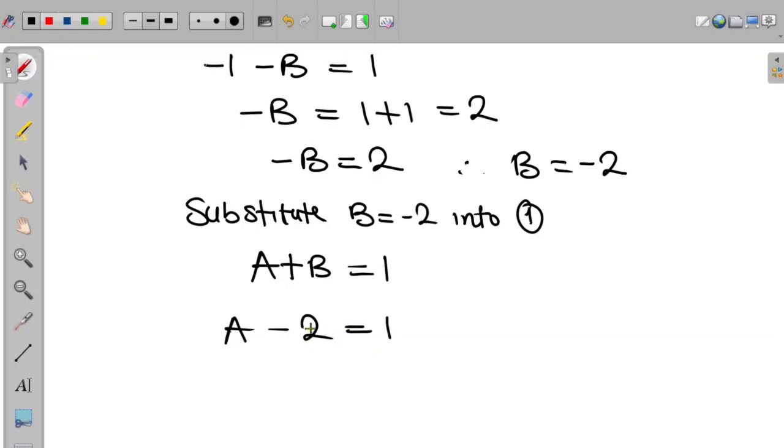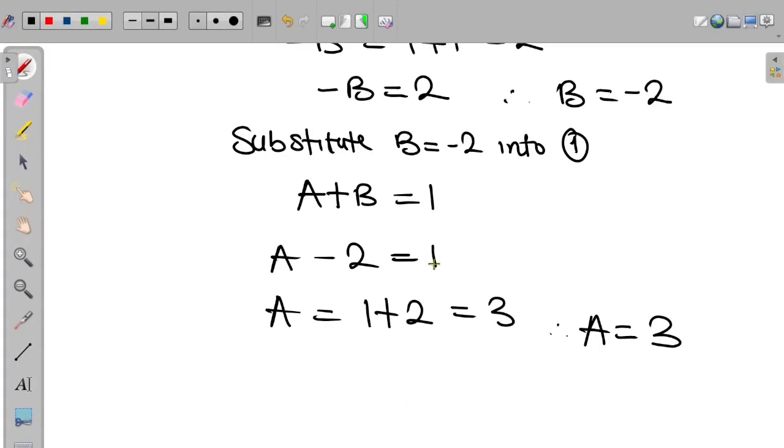If we move negative 2 to the right hand side, we have that A is equal to 1 plus 2, which is equal to 3. Thus, A is equal to 3. At this point, we have obtained A equal to 3 and B equal to negative 2.